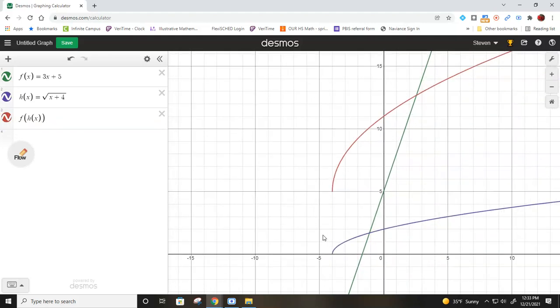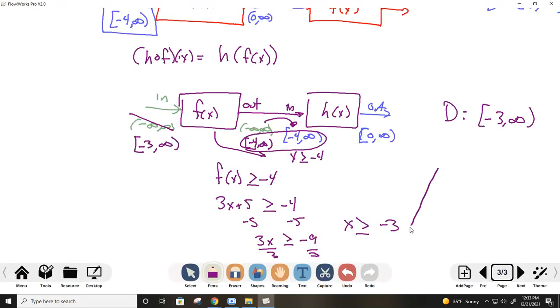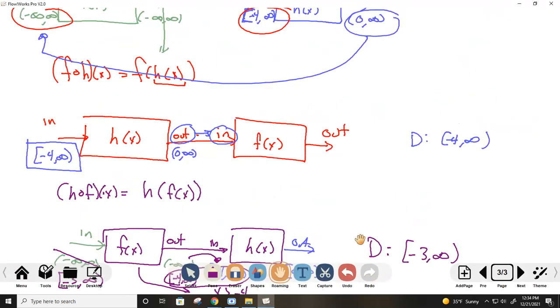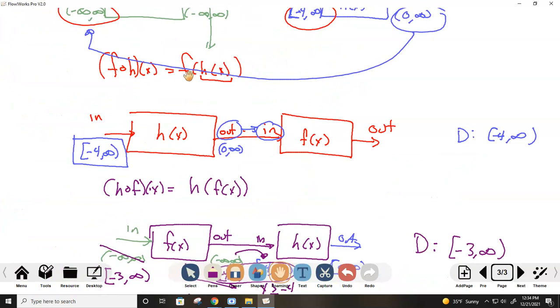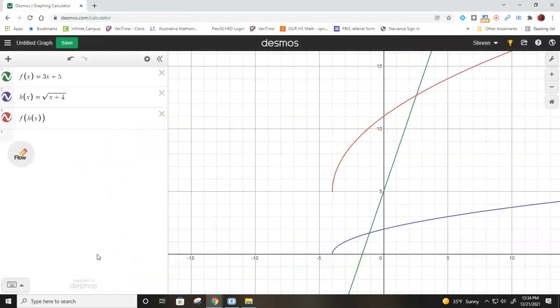You notice that the domain, again, starts at -4. Which is what we said, over here. If we did f of h of x, my domain had to start at -4 and go to infinity. Looking good so far.